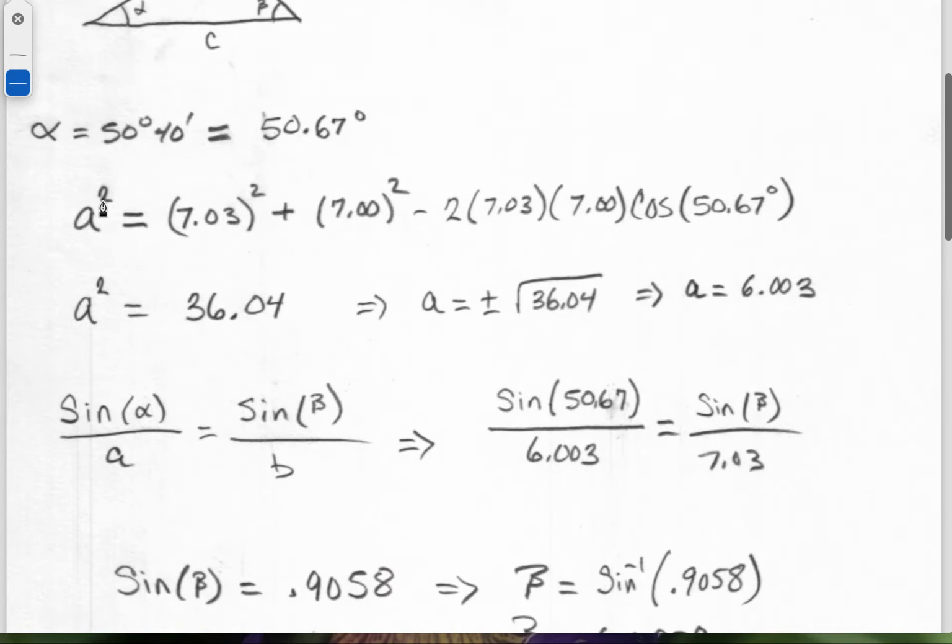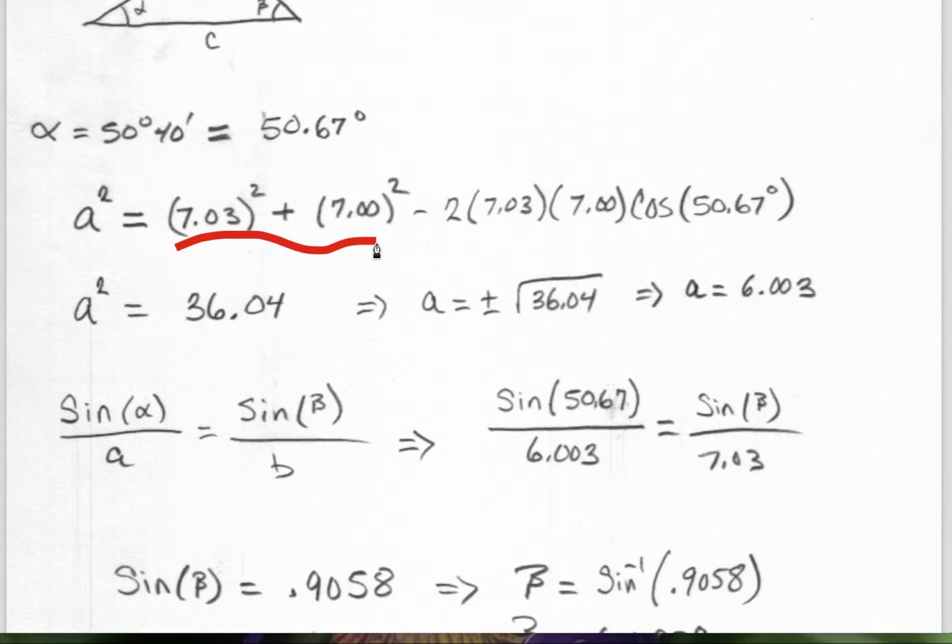So I set up A squared equals 7.03 squared plus 7.00 squared minus 2 times 7.03 times 7.00 times the cosine of 50.67, and then I just need to solve that for A.